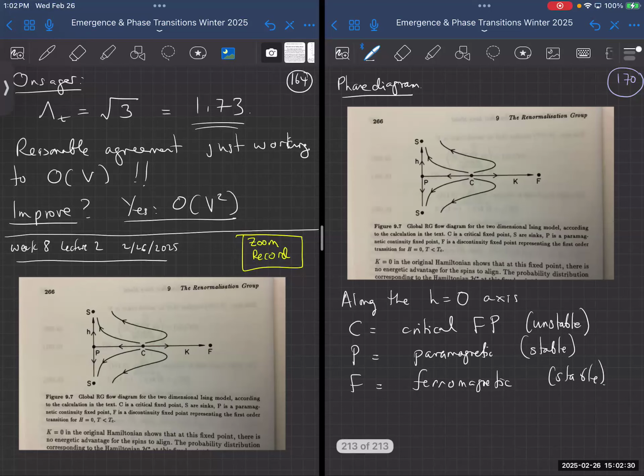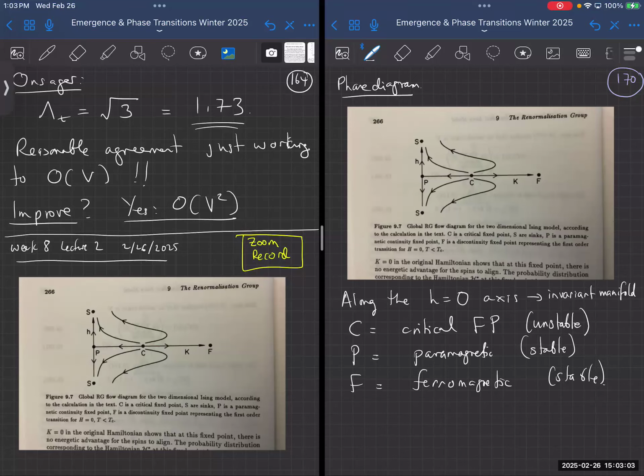So the values of these fixed points, they're on h equals 0, and as you can see, the way I've drawn it, the h equals 0 axis is the invariant manifold. You stay on h equals 0, you stay on the h equals 0 manifold. If, on the other hand, you're slightly up in the h direction, then you flow away to these other fixed points at plus or minus infinity.